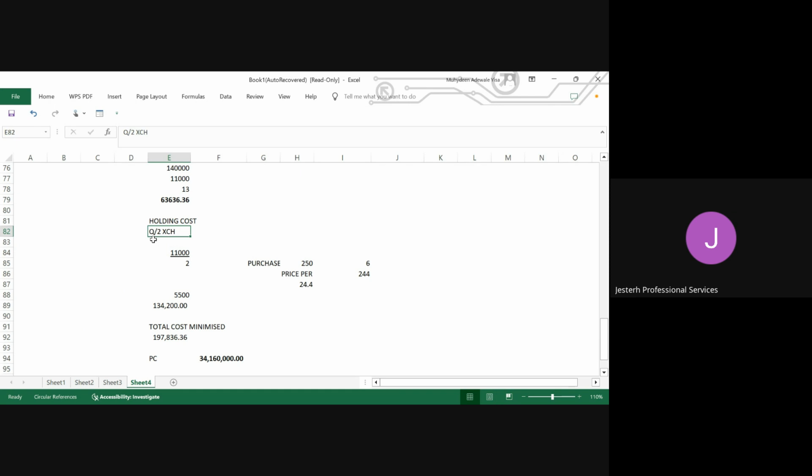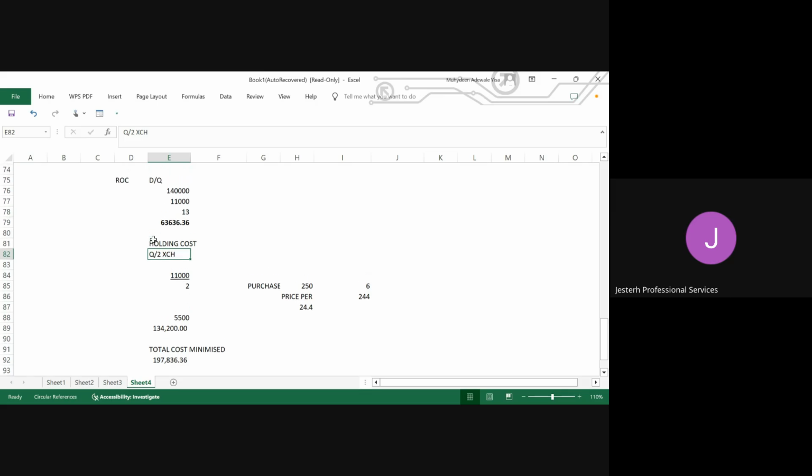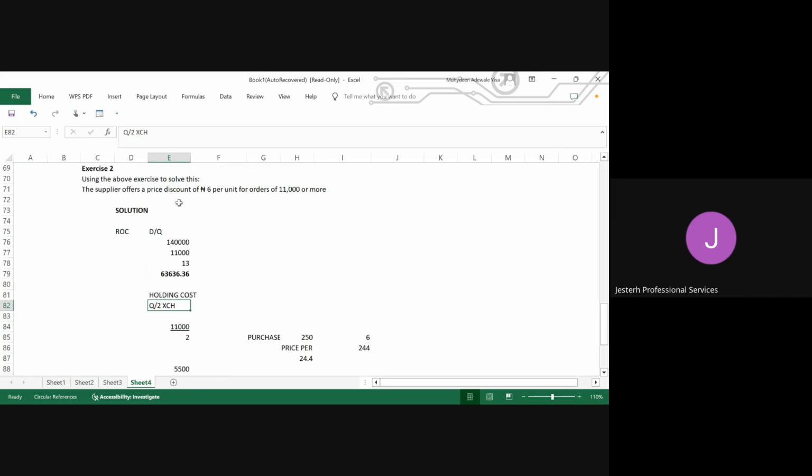The CH stands for the holding costs per unit that an organization has already decided whenever they are placing each of the orders. But in this discount now, the supplier decided to give them 6 naira on each of the units of the materials.